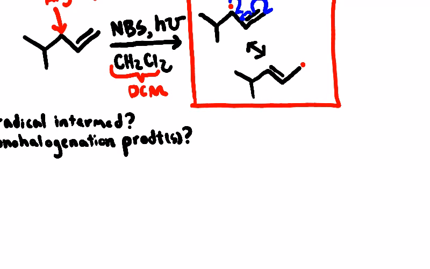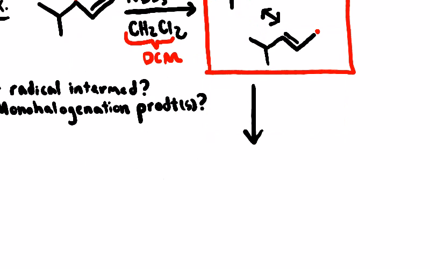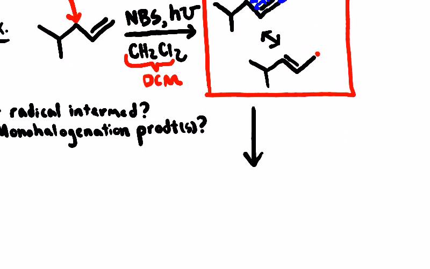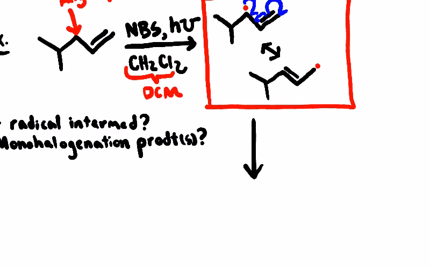And then coming onward from here, we need to think about what our final products are. So these are our intermediates, and then going onward to our final products, we're going to have a few different final products here when we start to think about stereochemistry and keep that in consideration.